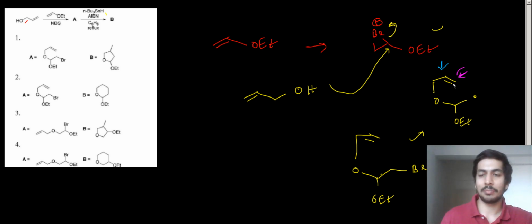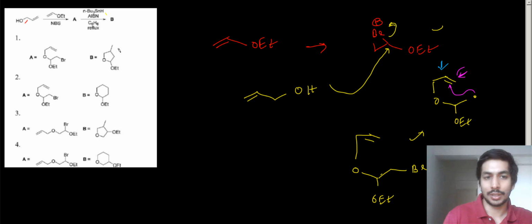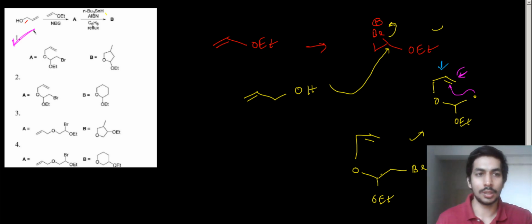Among the 5 and 6-membered rings, the 5-membered ring is thermodynamically more stable, and kinetically also it is more favorable. So whenever you have a competition between 5 and 6-membered ring, obviously the 5-membered ring is more favorable, right? So this radical is going to attack over here, and we'll get a 5-membered ring with a methyl substituent. You can see we have a 5-membered ring, while in this case we have a 6-membered ring. So that is why the correct answer over here will be option number 1.